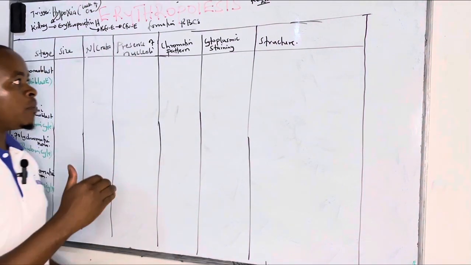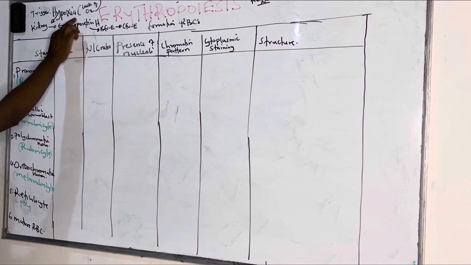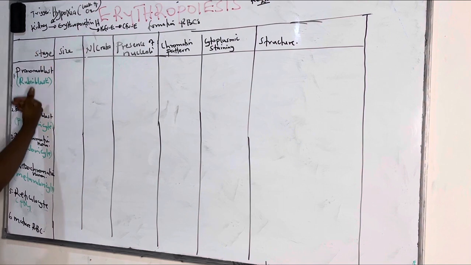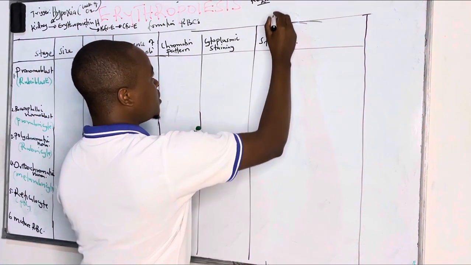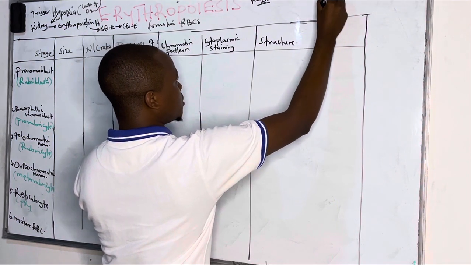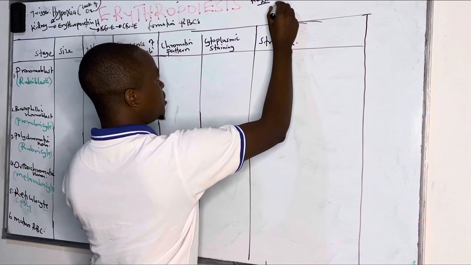So we want to describe each stage, given that hypoxia triggers the kidney to release erythropoietin hormone, which causes the cells to begin maturing. And before we start describing these stages, we need to know the requirements. One is hormones, e.g. erythropoietin hormone.